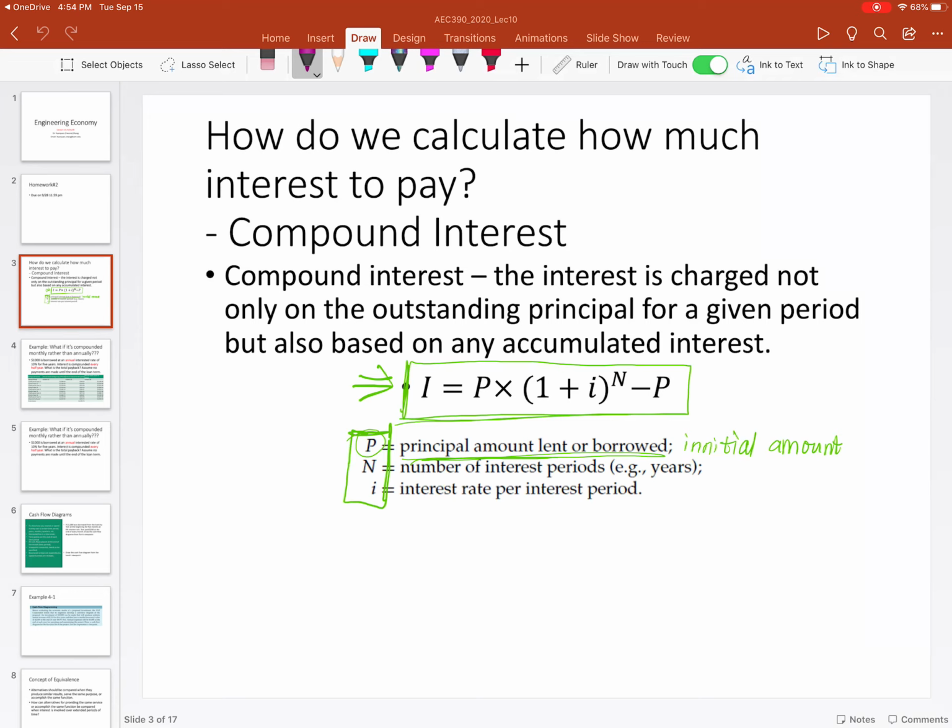So every time you calculate interest, your base of the interest calculation is bigger and bigger, which means every time your interest amount is going to be different.